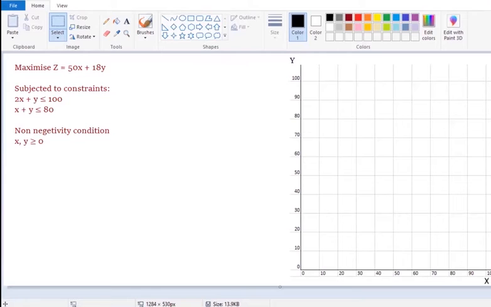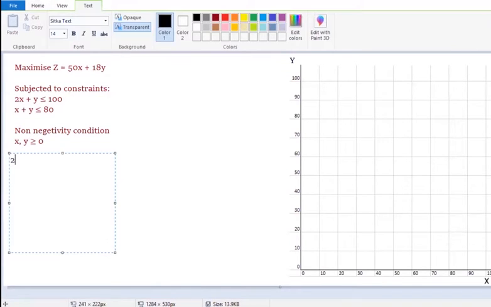I am going to convert this into an equation because I need to draw the line of this particular constraint, and I want to find out the region. So I'm going to write 2x plus y equal to 100. This is the first thing I do.